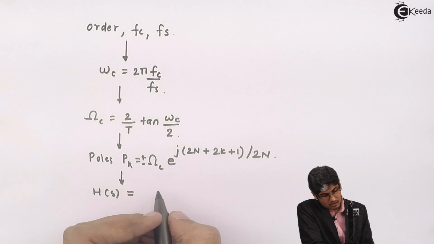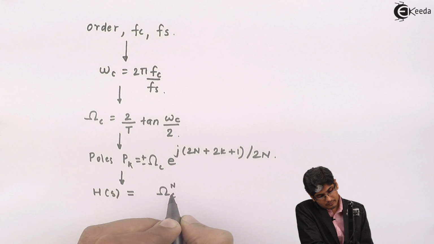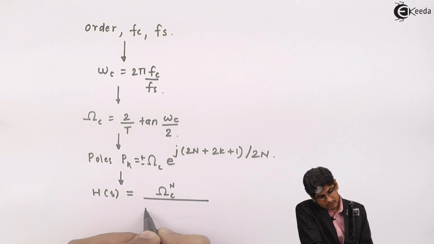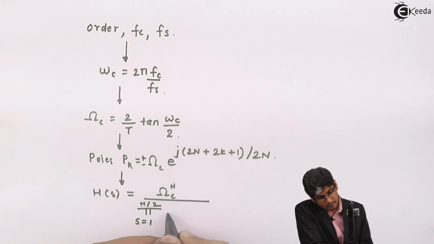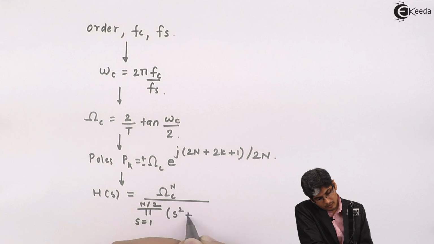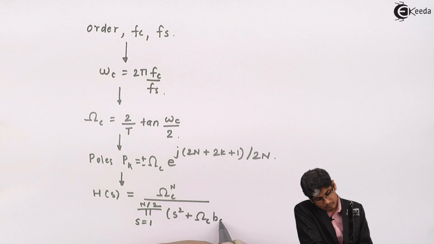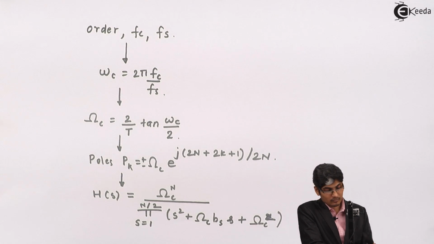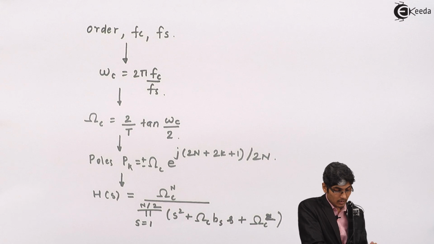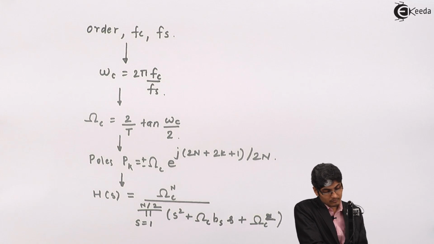For our case, it was omega c raised to n divided by the continued product for k equal to 1 to n by 2 of s square plus omega c bk s plus omega c square. That is our transfer function.